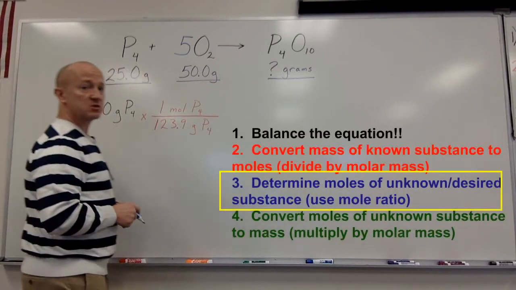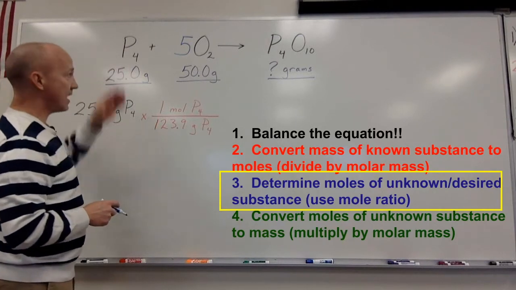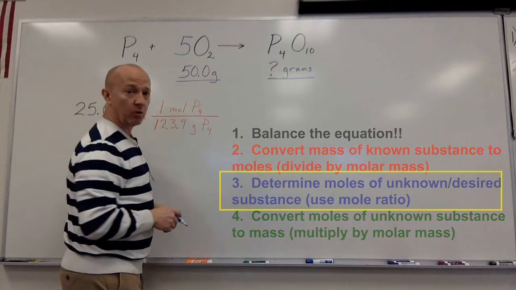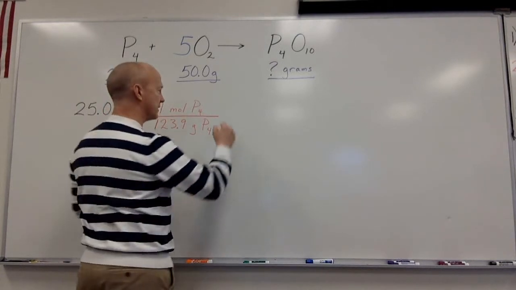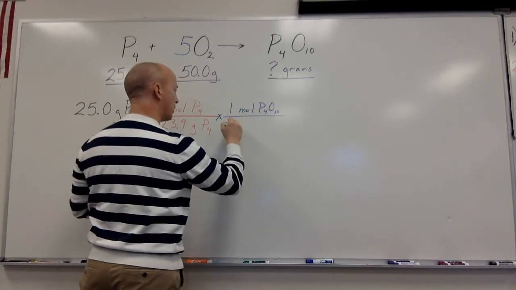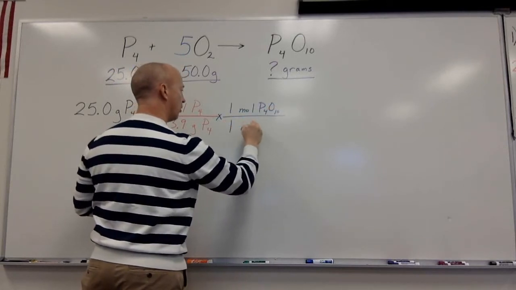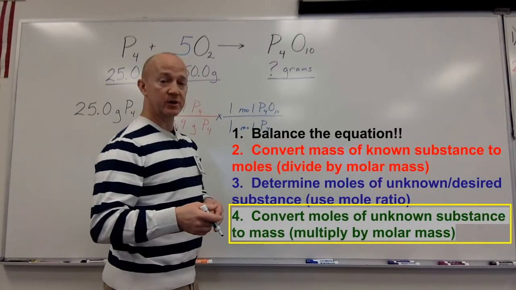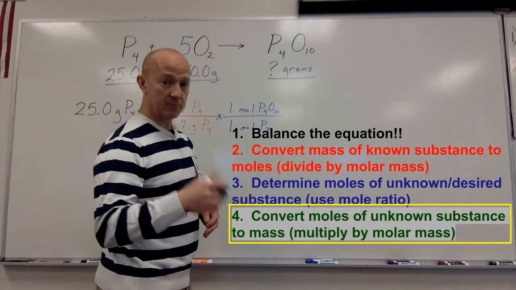Our next step is to use the mole ratio between the substance we have and the substance we desire. In this case, it's a 1-to-1 ratio. But for the sake of practice, I'm going to go ahead and put that in place. So 1 mole of P4O10 for every 1 mole of P4. Now, using the moles of my product, I'll calculate the mass by multiplying by the molar mass.